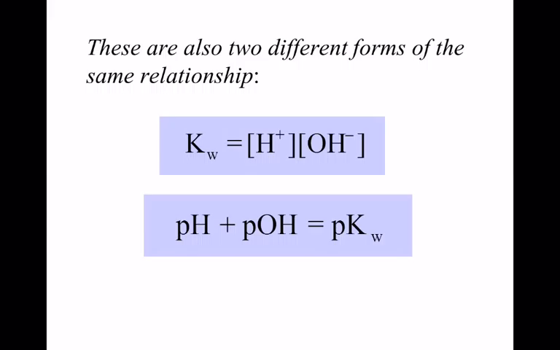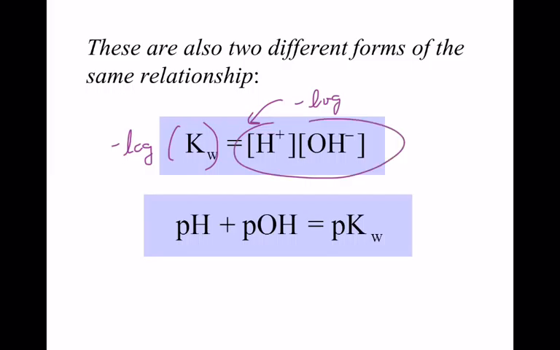Here's one for you. This is the law of logs. If we take negative log of this quantity is equal to negative log of this quantity, I don't know if you remember, but of course this would be pKW, and if you have the product of two things, it's actually the sum of the individual logs.